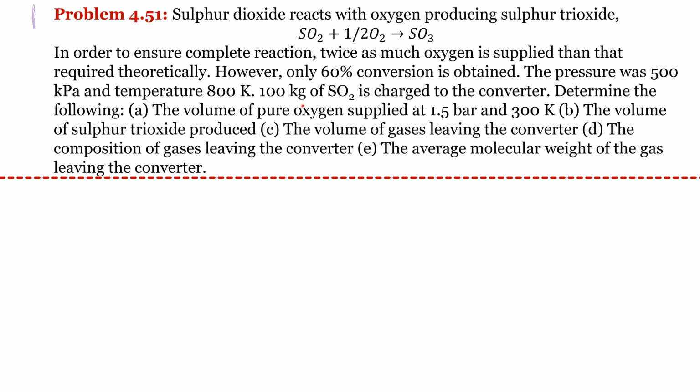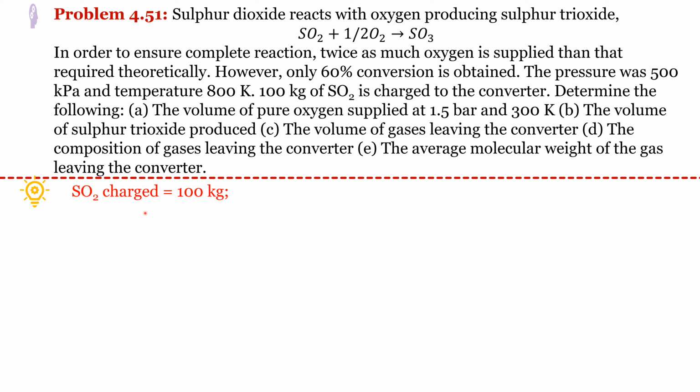So first we will find out the number of moles of SO2 and then we can estimate the theoretically required amount of O2, and then from this statement, that is twice as much oxygen is supplied than that required theoretically, we can find out the amount of O2 supplied.